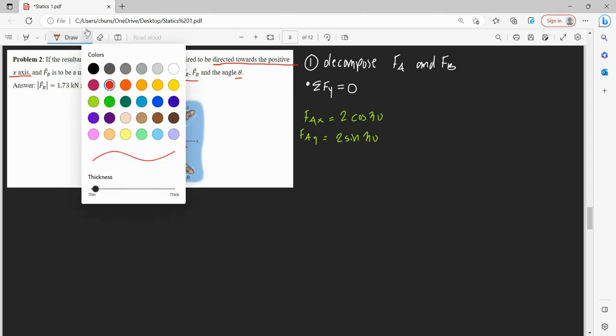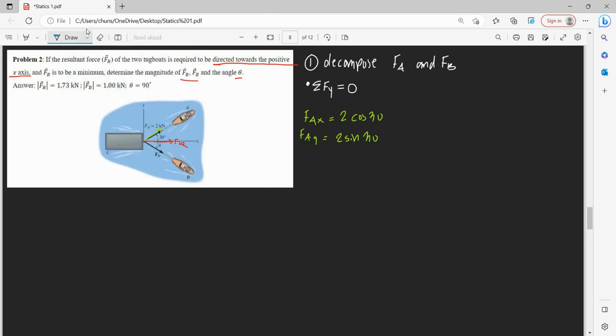Then for Fb, we will have two unknowns. So I have Fb cos theta in our x direction, and Fby is Fb sine theta.